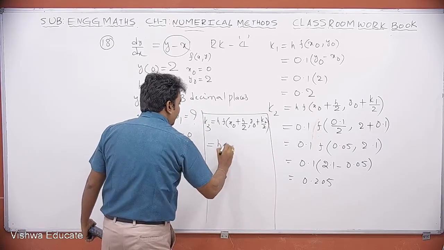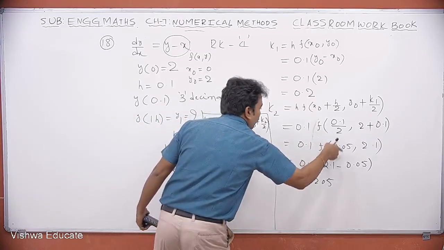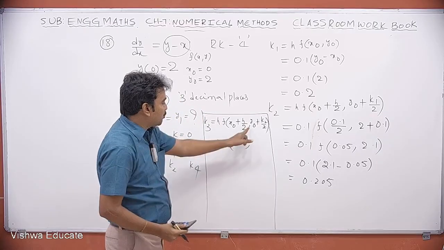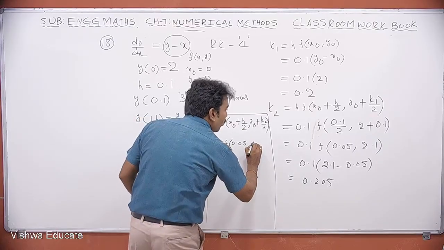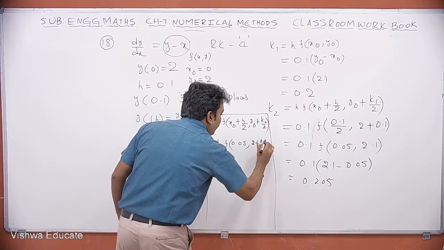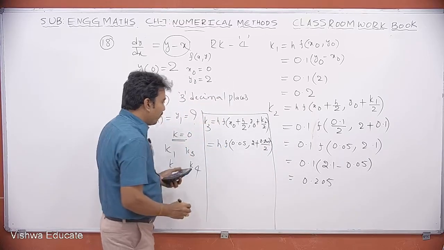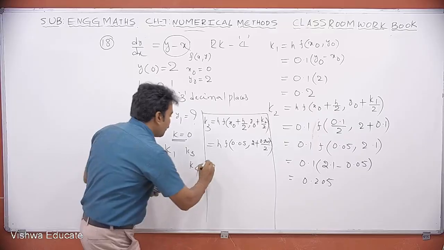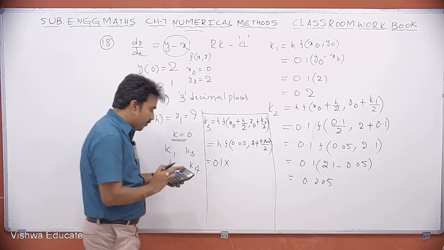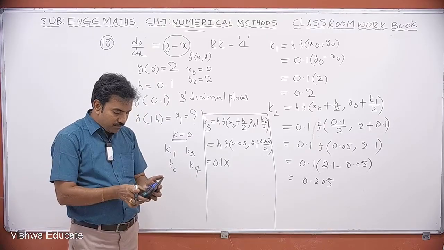So this is h into f of x0 plus h by 2, that is 0.05, and y0 value 2 plus k2 value 0.205 divided by 2. Let me simplify this 0.205 divided by 2.